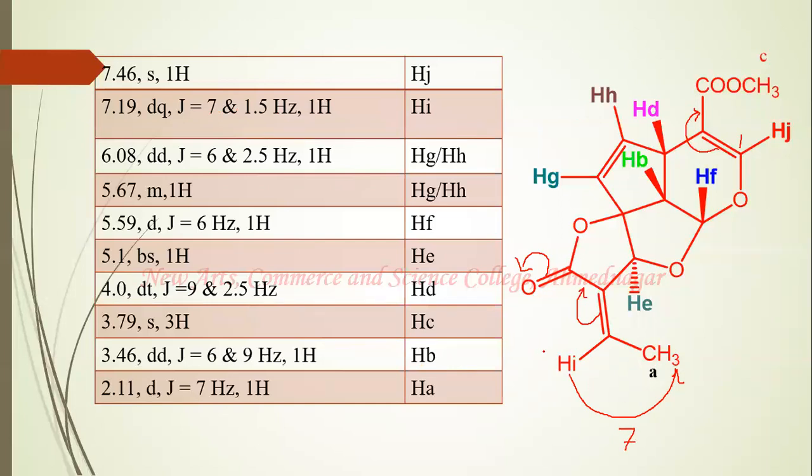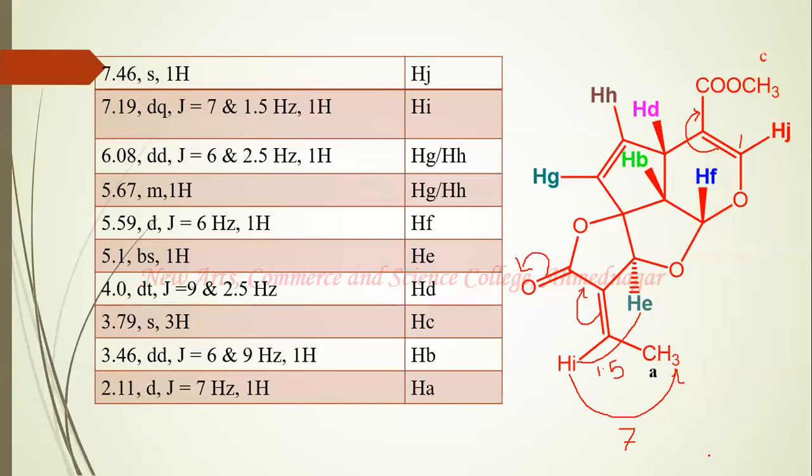Hi also couples with the He proton. This will be an allylic coupling, and allylic coupling constant values are very small. So this coupling constant value Hi to He will be 1.5 Hz. So you get a doublet of a quartet. We can say the quartet of a doublet also.